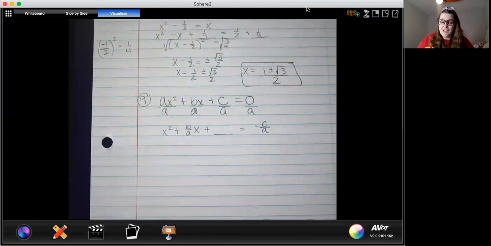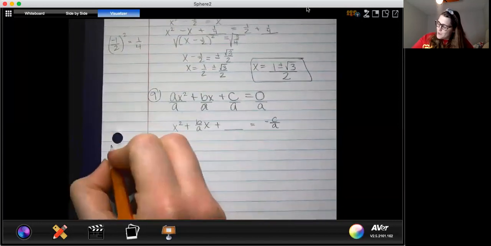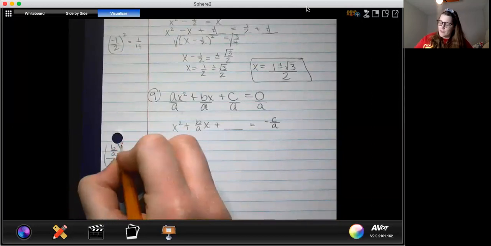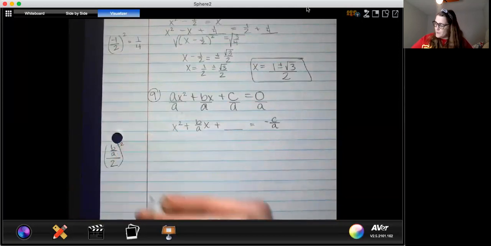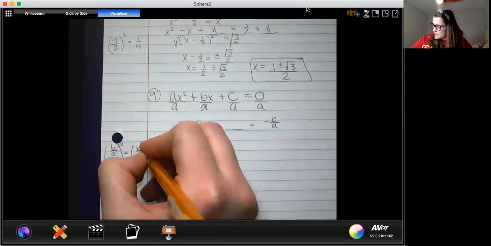Okay, now we gotta find our step where we divide b by 2 and square it. Well, that's gonna be a little tricky with this, but we're gonna do it. So b divided by a divided by 2, quantity squared. Well, remember that when we have a fraction, in reality, we need to multiply by the reciprocal.